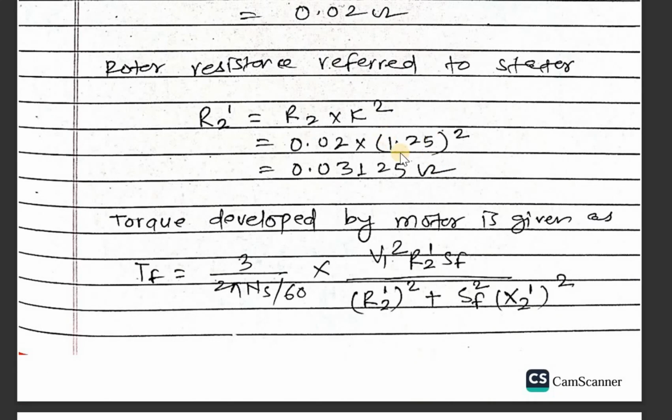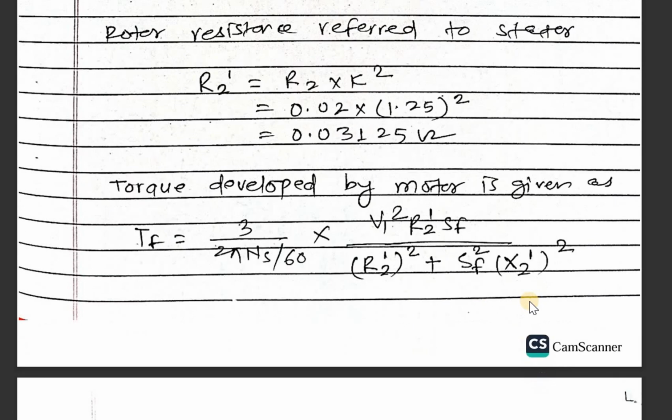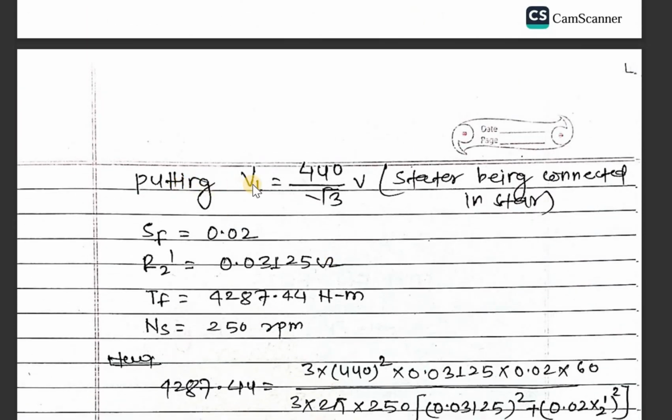And torque developed by the motor is given as Tf equal to 3 upon 2 pi Ns by 60 into V1 square R2 dash sf upon R2 dash whole square plus sf square into X2 dash whole square. V1 is 440 upon root 3, the stator being connected in star.